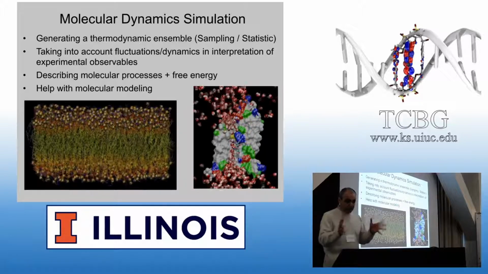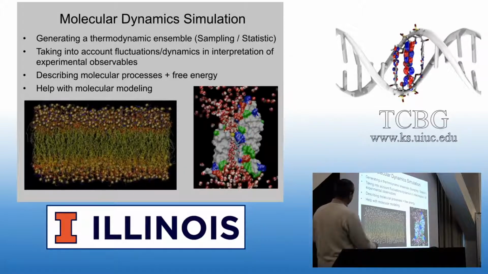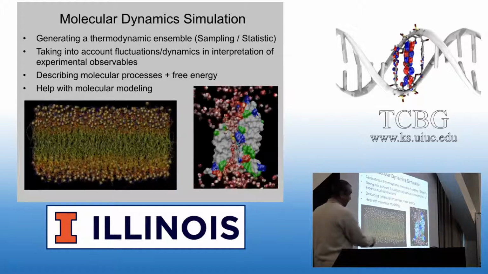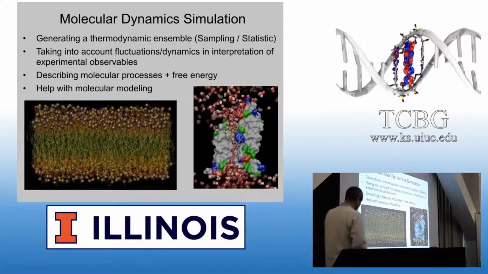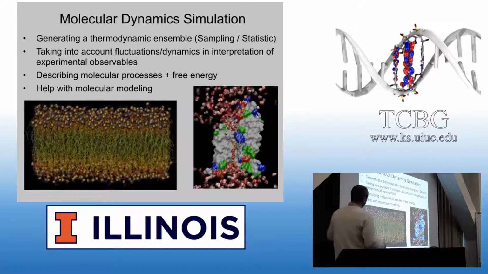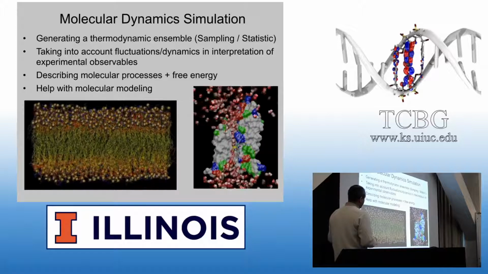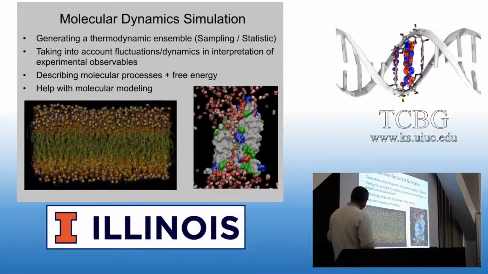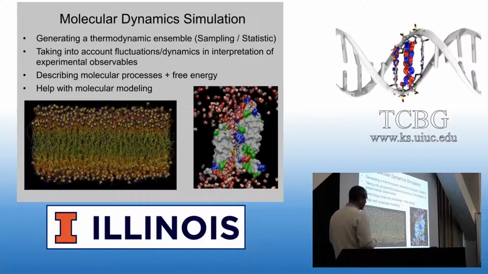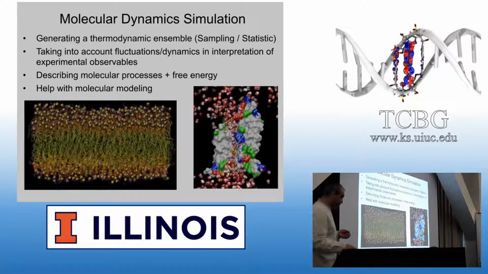I want to have an equilibrium ensemble, and then measure those structural or thermodynamical properties and relate them to experimental observables. So you want to take into account fluctuation and dynamics in the interpretation of experimental observables. Sometimes you want to actually go after molecular processes, things that might happen.